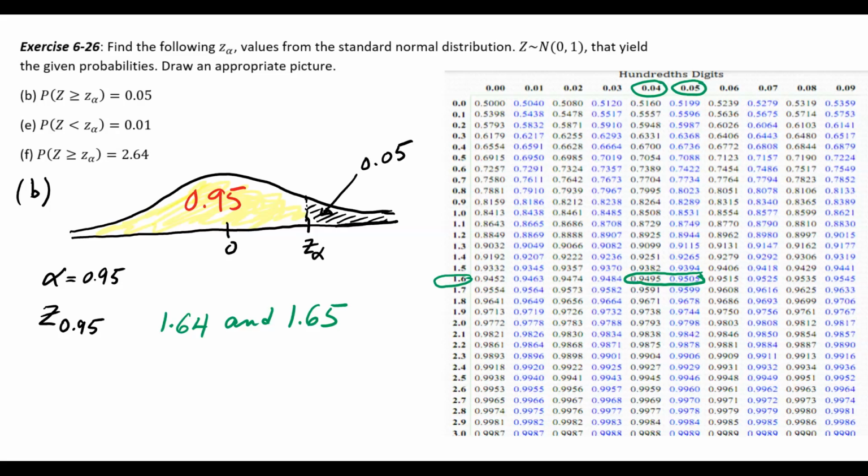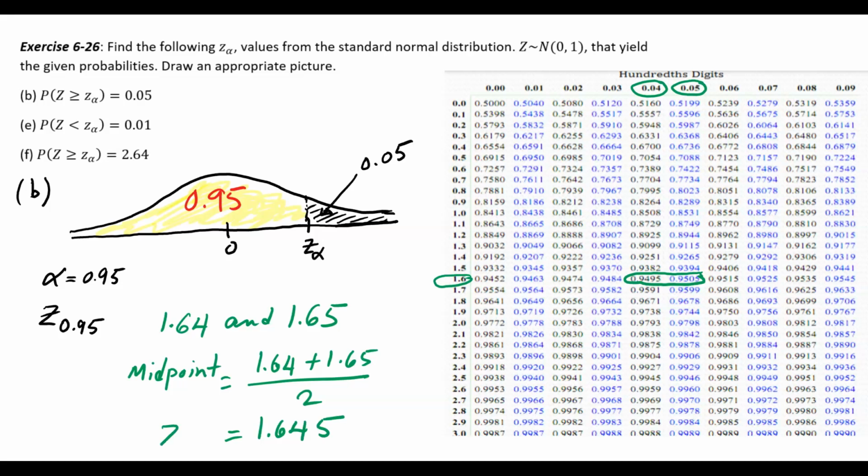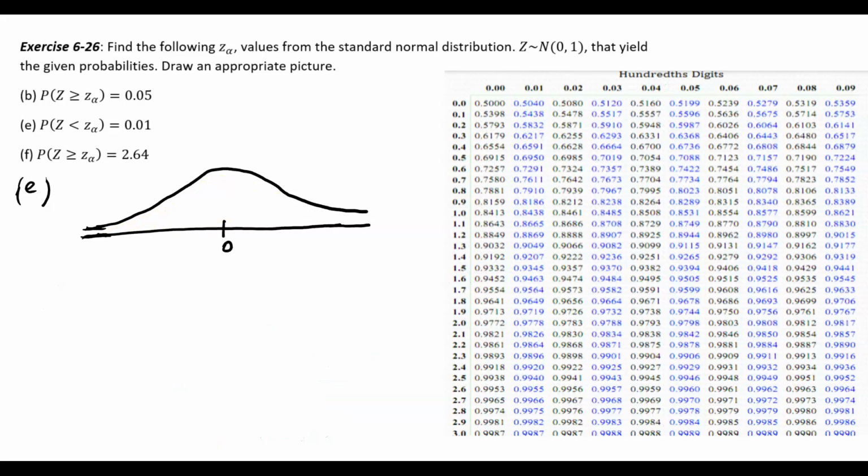So how do I get that midpoint? To find the midpoint, you add the two, 1.64 plus 1.65, and divide that by 2. You end up with 1.645. So the z-score that's associated with 0.95 is equal to 1.645.